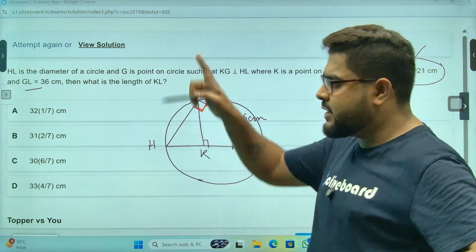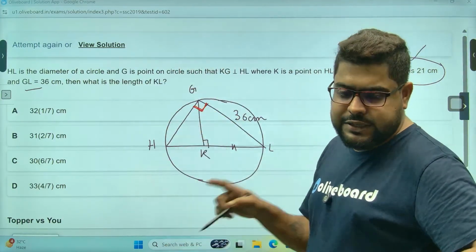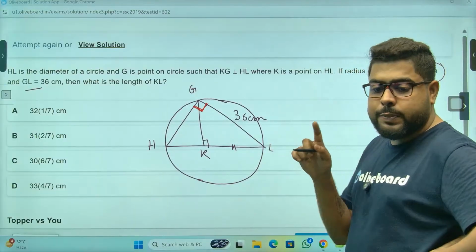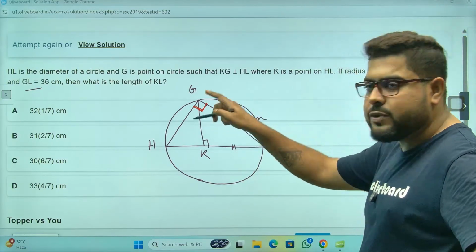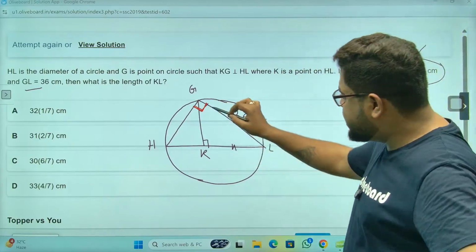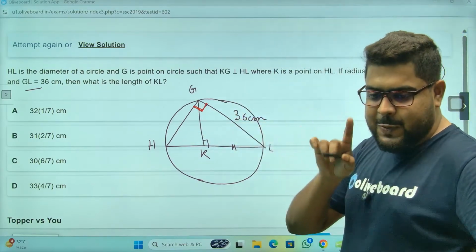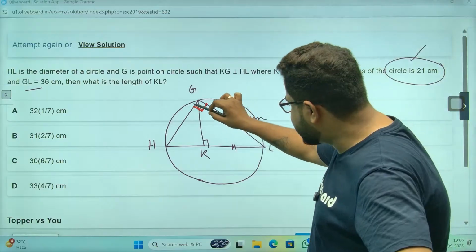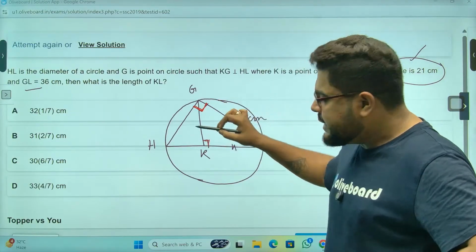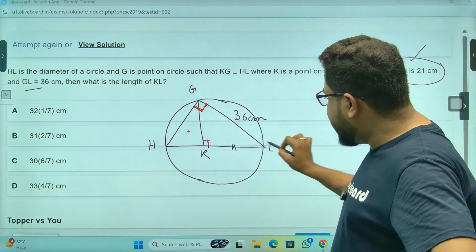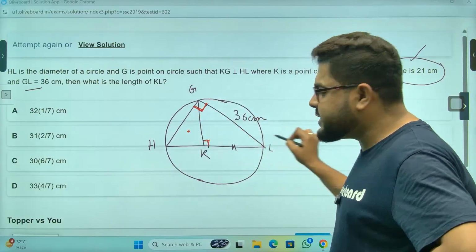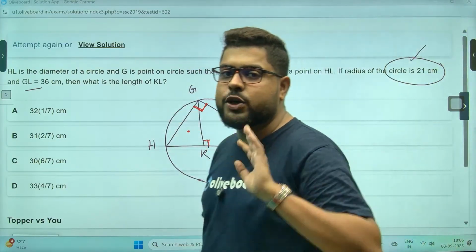In my geometry series, which is available in a playlist in this channel, I have shown you the proof of Pythagoras theorem as well. And from this diagram only Pythagoras theorem comes. This 90-degree and this is also 90, this triangle GHK, GKL and the big one GHL, all three triangles are similar to each other.